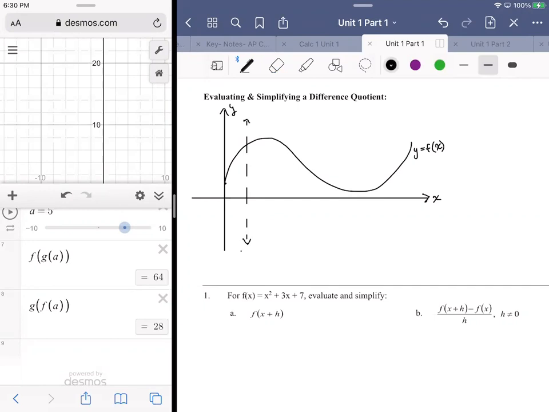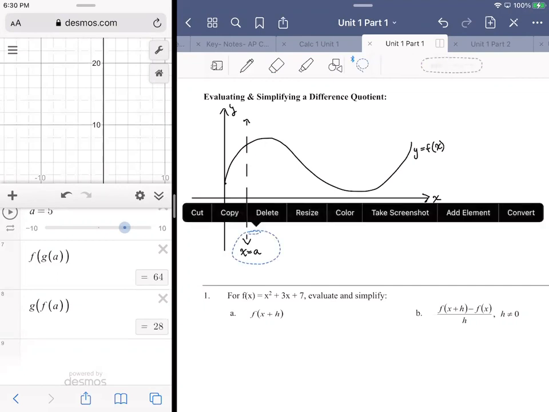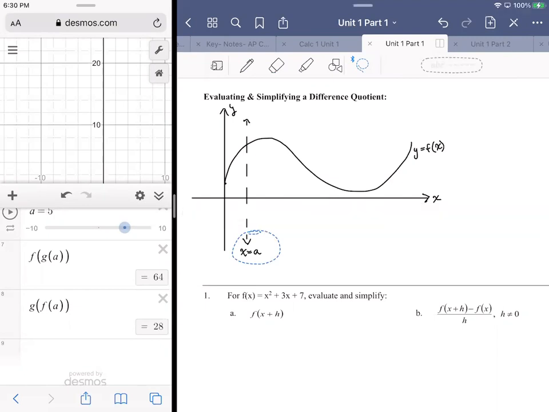All right, so this is the vertical line x equals a. It's just some vertical line. We don't know the value, we just know that it has a value. Okay. And we're going to do the same thing for an end value, and we're going to call that b.